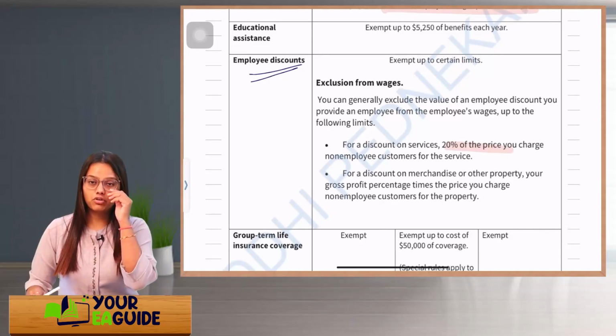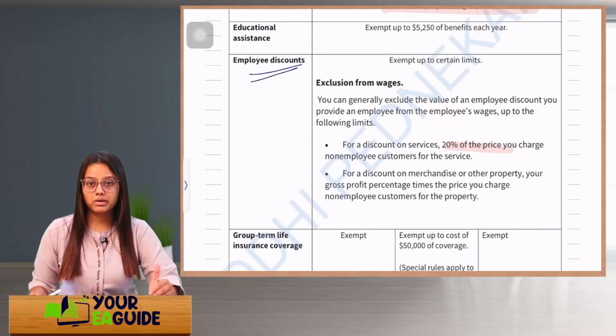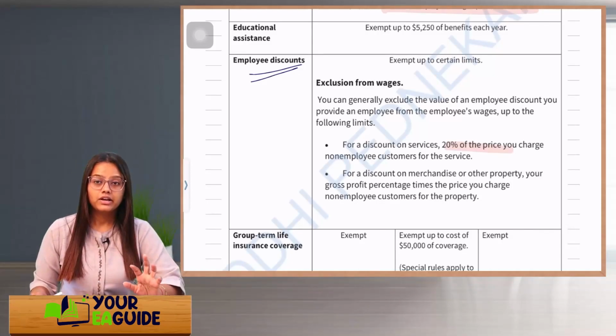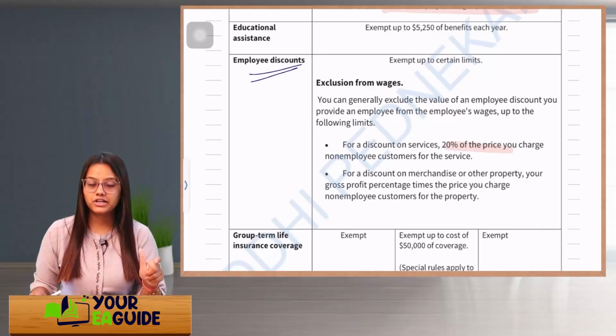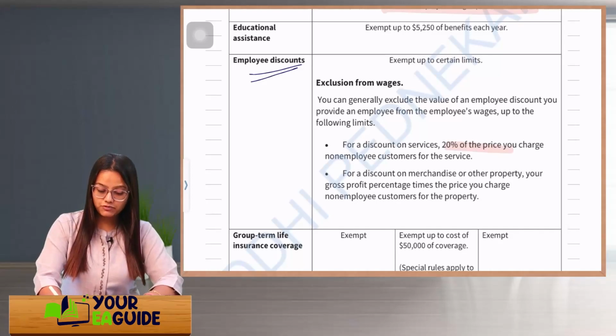Okay, if you provide discounts on merchandise, straight away take the gross profit percentage, what amount of gross profit the whole retail store is earning, that percentage, that much discount you can claim. 20% is for services.